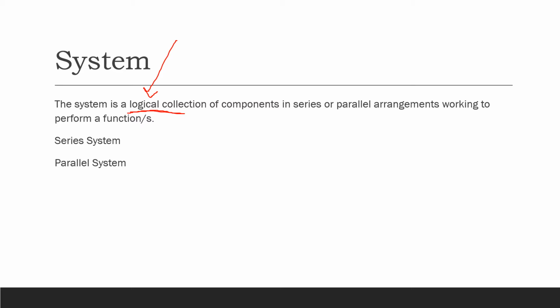So don't just read it as system and collection. A system is a logical collection, so the components are arranged in a particular way to run the system. You can't just arrange everything any way. They are in series, they're in parallel, in a systematic arrangement for that system to run.